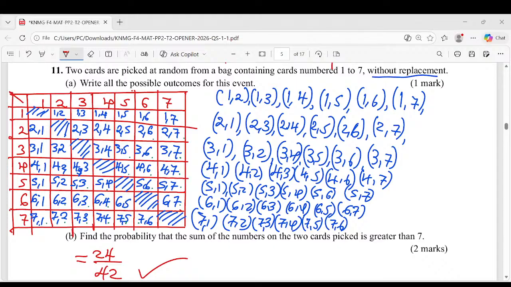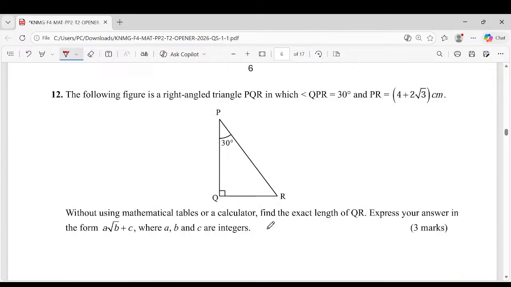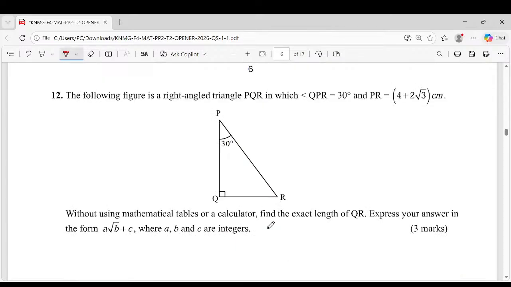Let us go to question number 11. Question number 11, ladies and gentlemen. Let us see what the question is.